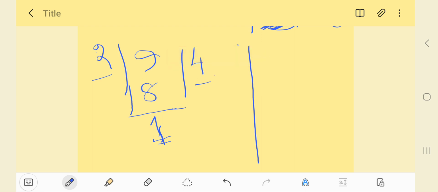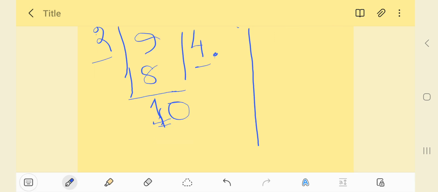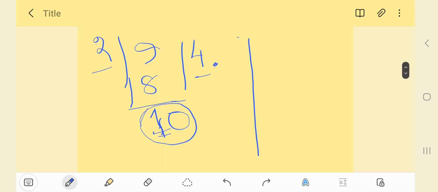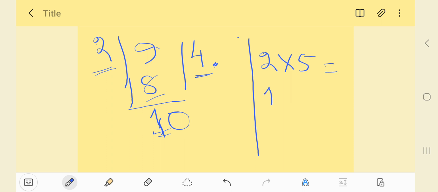So we put a decimal point here, we got a 0 here, and now we need to check how many times this 10 can be divided by these 2. Previously we went until 2 times 5, if you still remember, because 2 times 4 equals 8, and 2 times 5 gives 10.